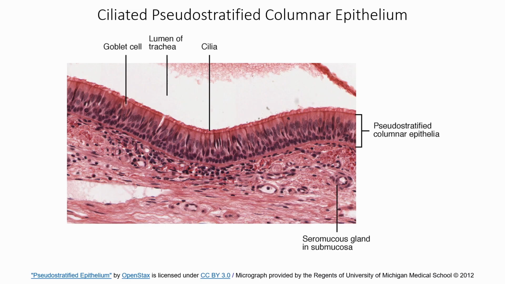So within the trachea, we find pseudostratified columnar epithelia, and ingrained in that, we have goblet cells that produce mucus. So in this, we see the white space is the lumen, the open space of the trachea. We see goblet cells that are producing mucus, and then the cilia, which are going to act almost like little brooms, right, to sweep any debris caught in that mucus up and out.